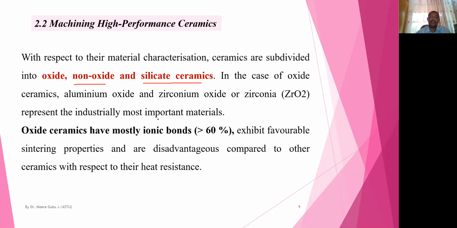They have huge industrial applications. Oxide ceramics have mostly ionic bonds, more than 60% ionic bond, exhibit favorable sintering properties, and have disadvantages compared to other ceramics with respect to their heat resistance.